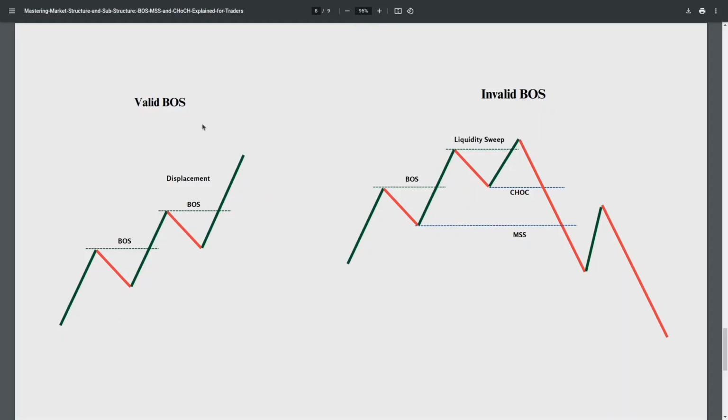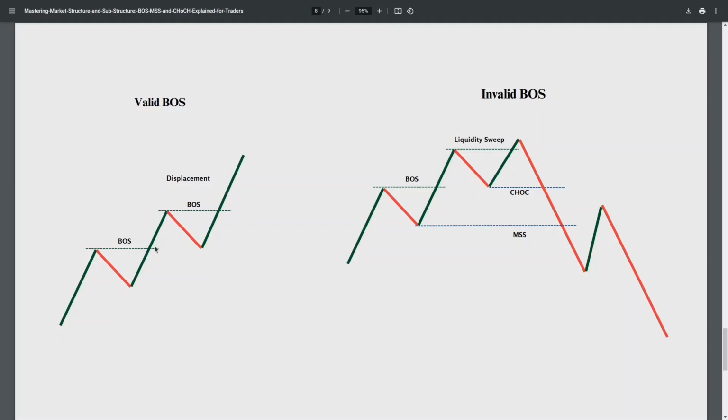So let me explain the valid break of structure and an invalid break of structure. This can still be a market structure shift or change of character. Here you can see price moving upwards, breaking structure with big displacement, with huge displacement.